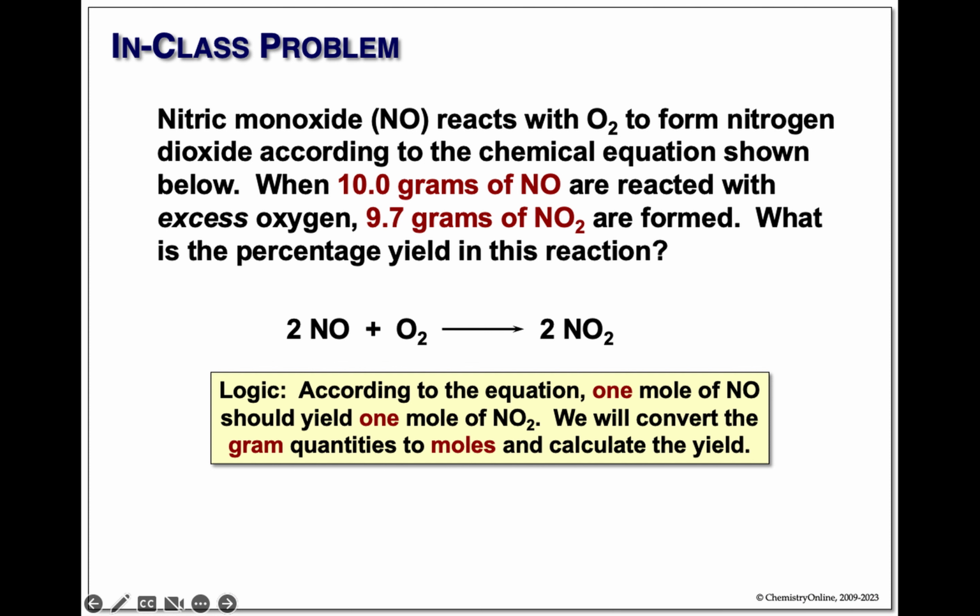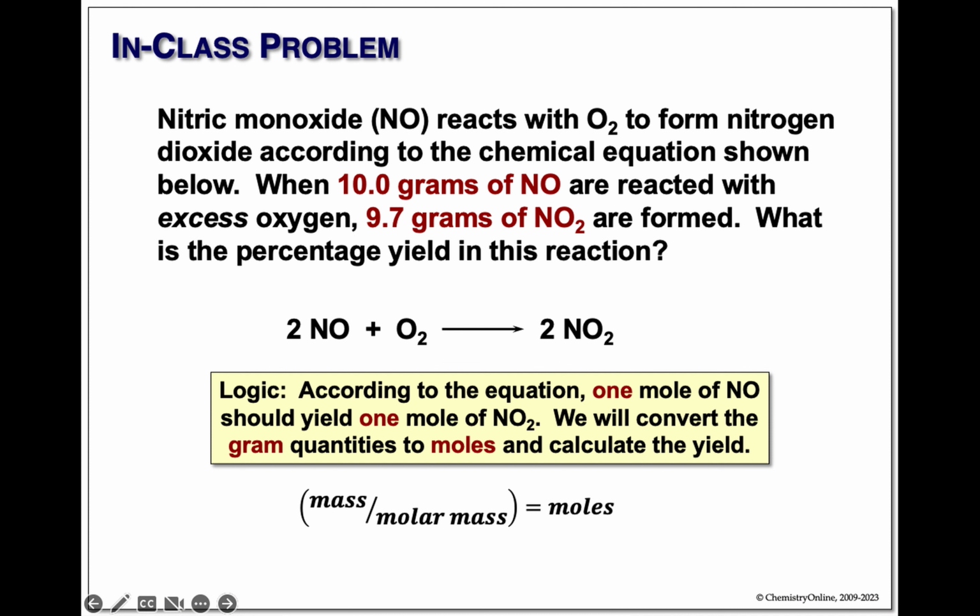Convert our gram quantities to moles and calculate the yield. That's simple. How do we go from mass to moles? Mass divided by molar mass gives us moles.